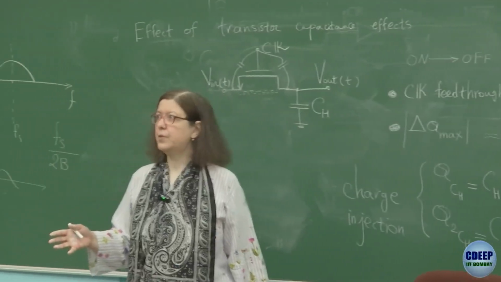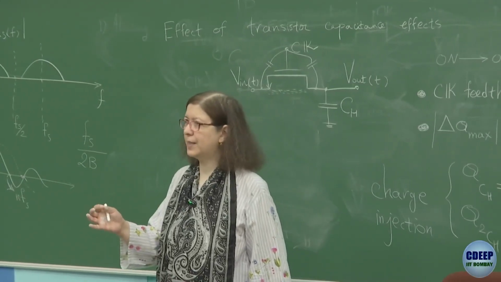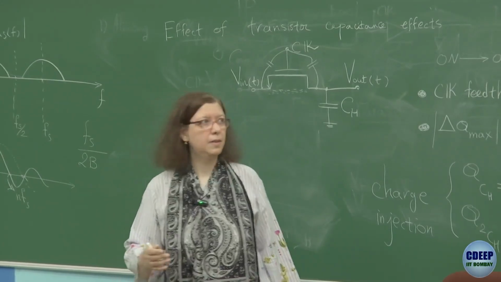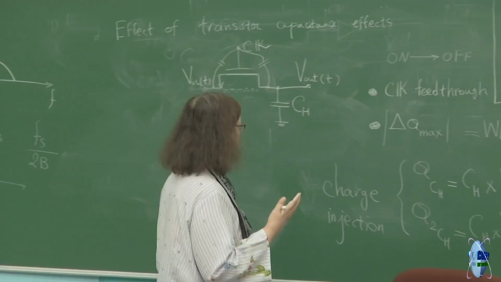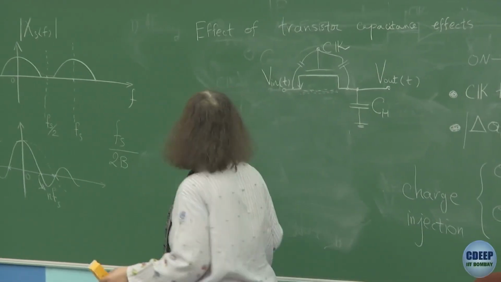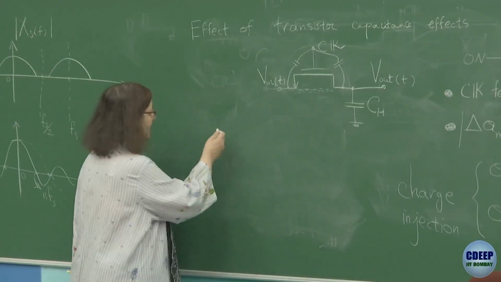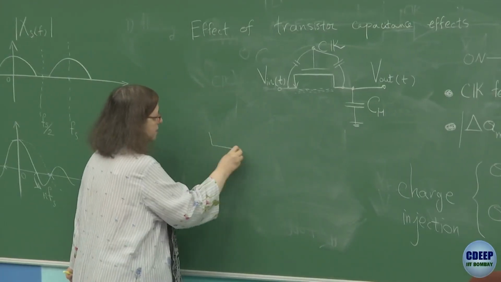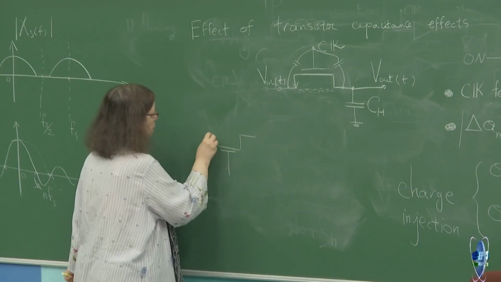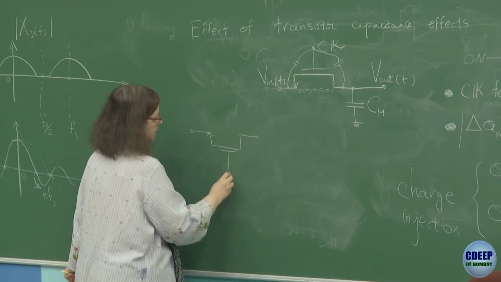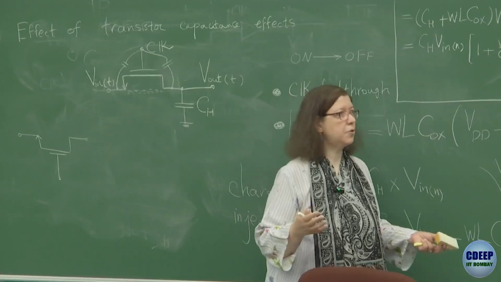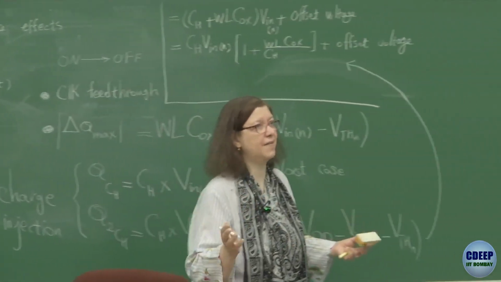How to solve the problem? We need to make sure that at least most of this charge will go somewhere else. So one of the very common techniques, which sometimes works, sometimes doesn't work in practice, is that you have this switch. And we know that the problem is the channel charge. When a transistor turns off, this charge goes away.